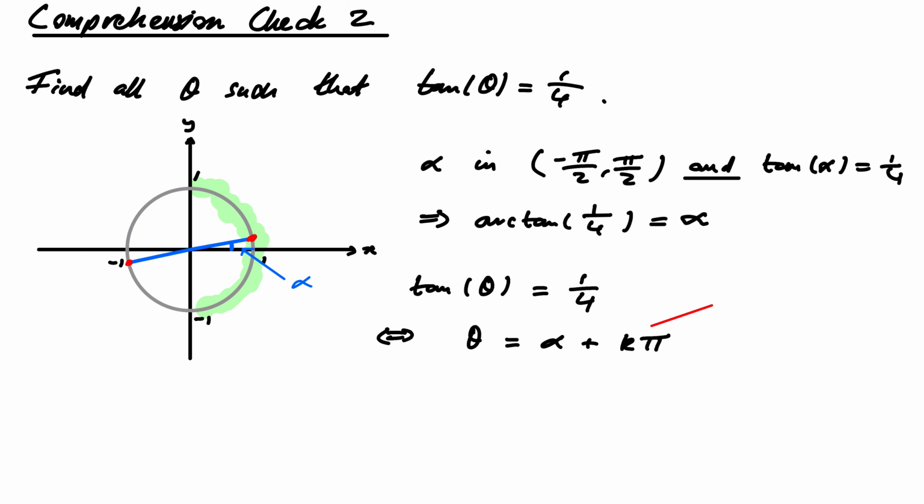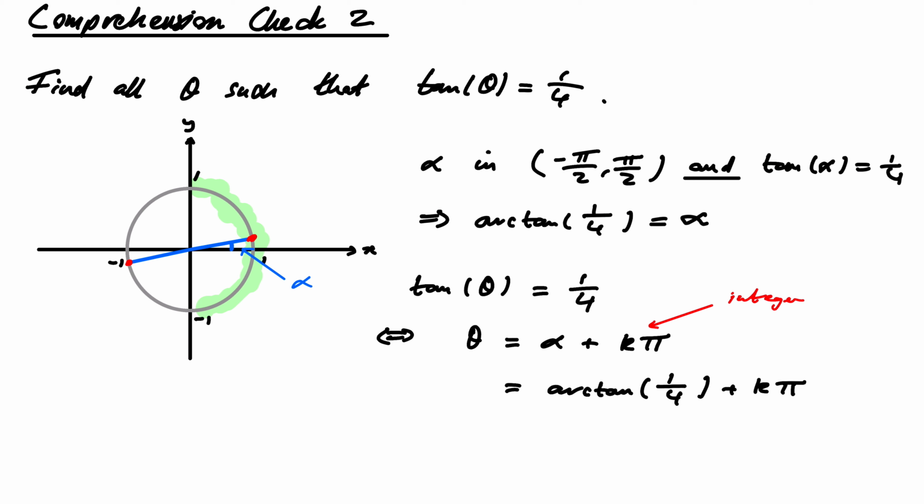So something we've seen before. Okay, but now this is equal to what? Well, I've got something pretty concrete. This is arctan of a quarter plus k pi. So that's all possible values.